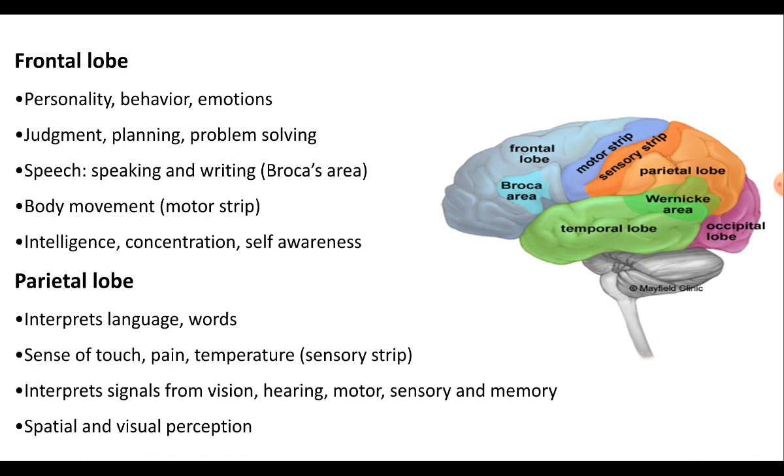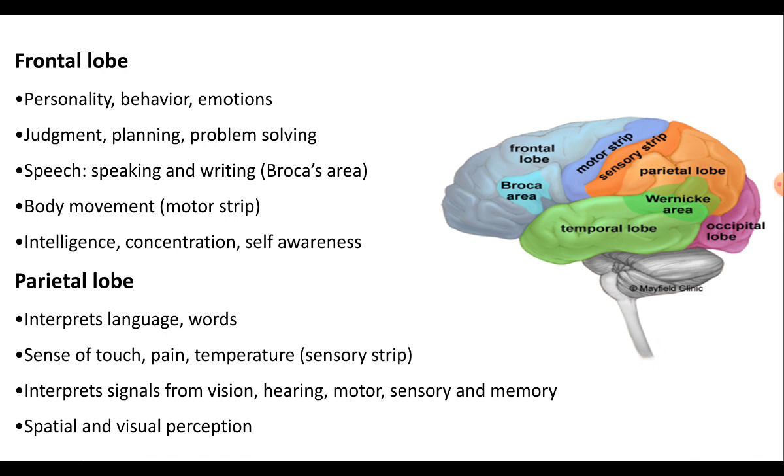It also controls speech, speaking and writing. This area is called Broca's area. It also controls body movement, in the area known as the motor strip, and is responsible for intelligence, concentration and self-awareness.